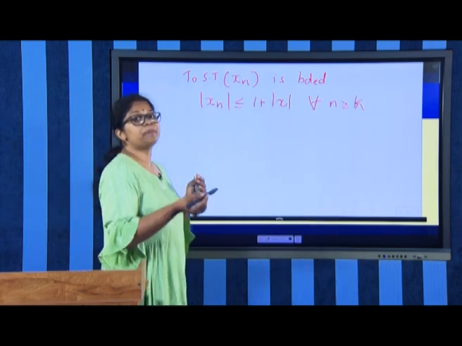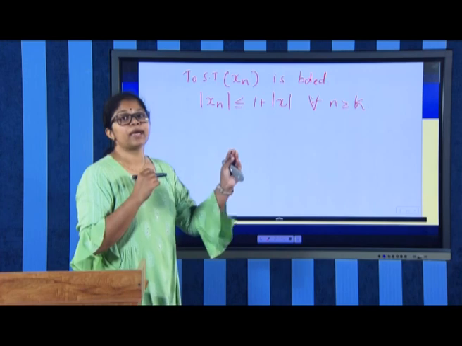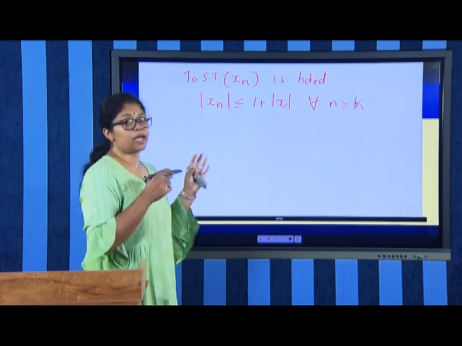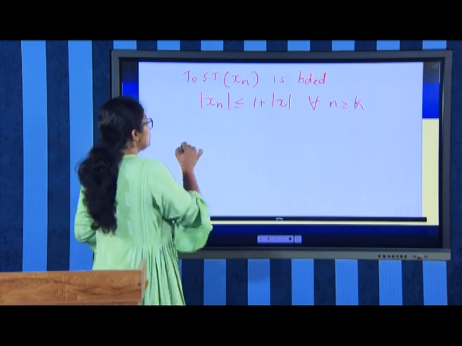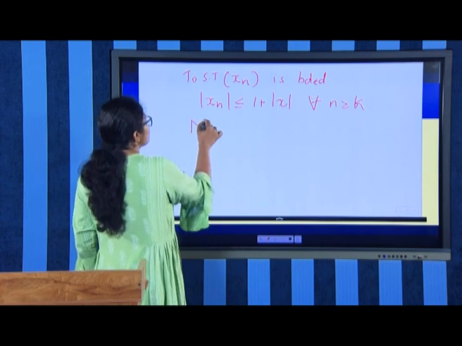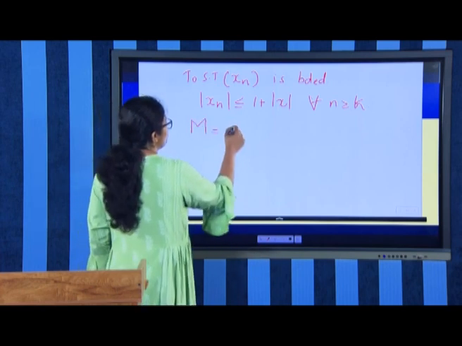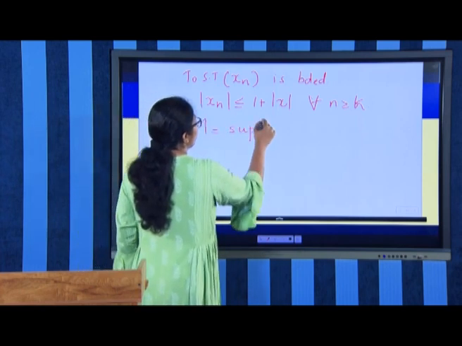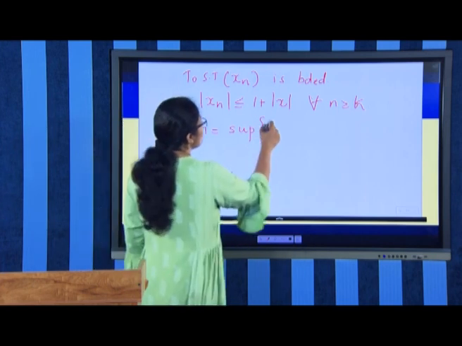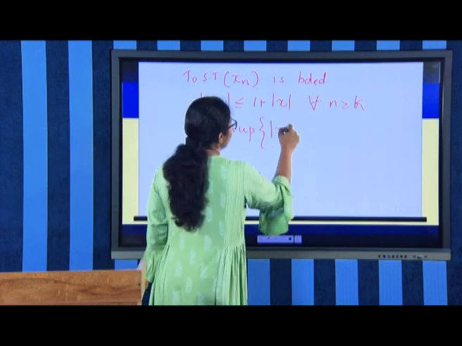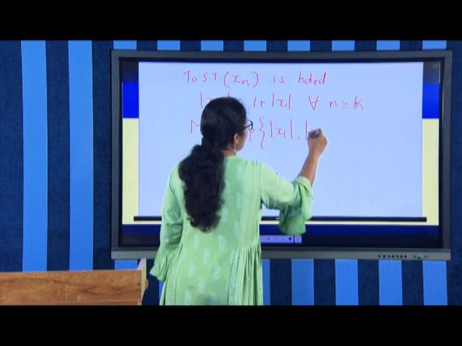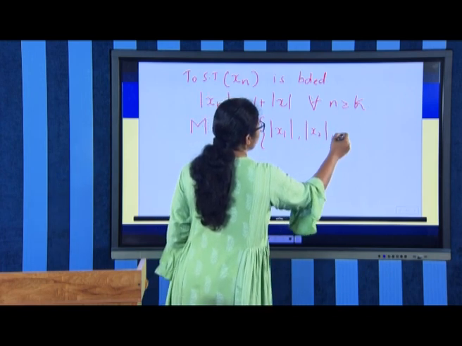So, what about the previous terms up to k minus 1? We do not know whether they are bounded or not. So, let us define some number capital M to be the supremum or maximum of mod x1, mod x2, etc.